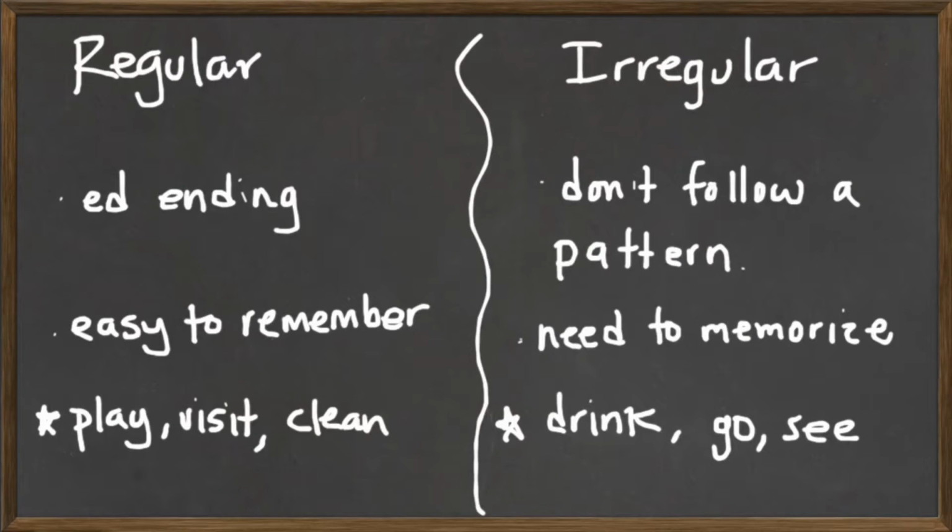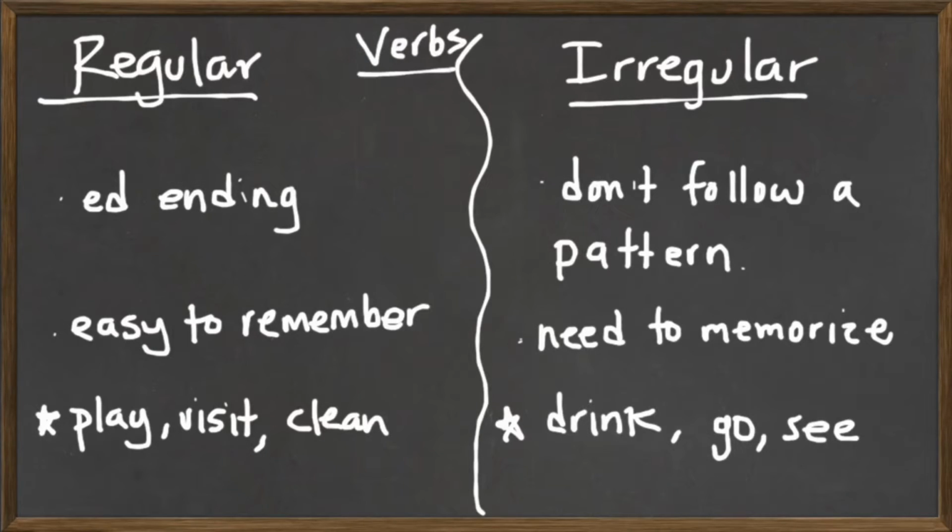Okay, now don't forget, talking about verbs, it is very important, and probably your teacher will explain this later on, to know that we have regular verbs and irregular verbs. Yes? Don't forget that a verb is an action, too.